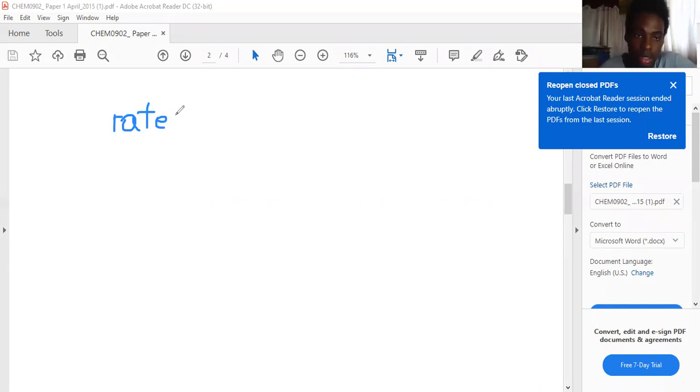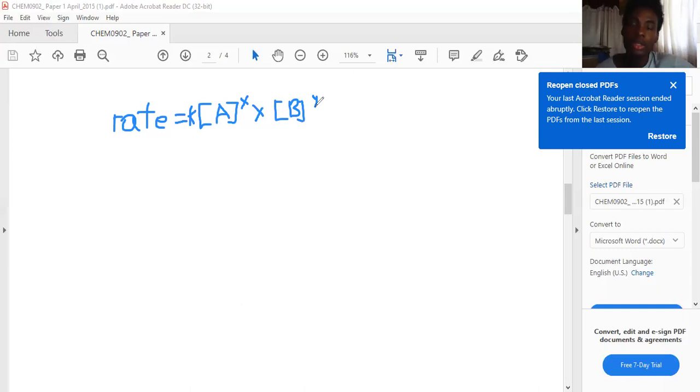Let me write that again first. Oh, it's not rate constant, the rate constant is k. k right there, multiplied by [A] to the power of x, [B] to the power of y. All right, so this is the equation that we're going to be using.